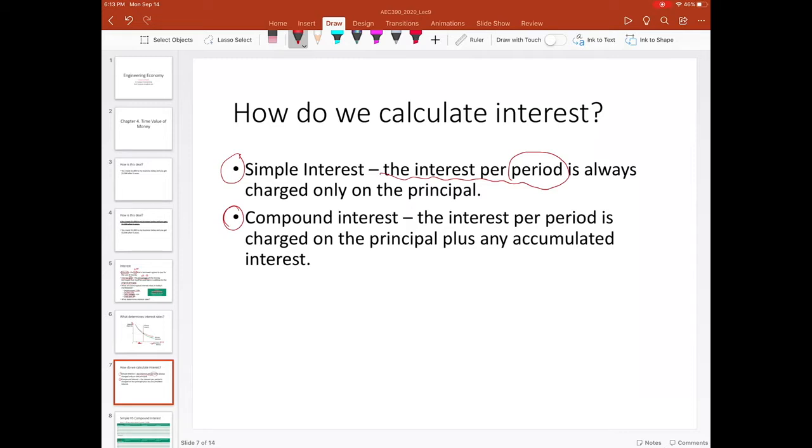And another type of interest is compound interest, which means the interest per period is charged on the principal plus any accumulated interest. So every time you calculate your interest, it's not just based on the initial amount you borrowed. It's based on the initial amount plus all the previous interest. Okay? And compound interest is very common.